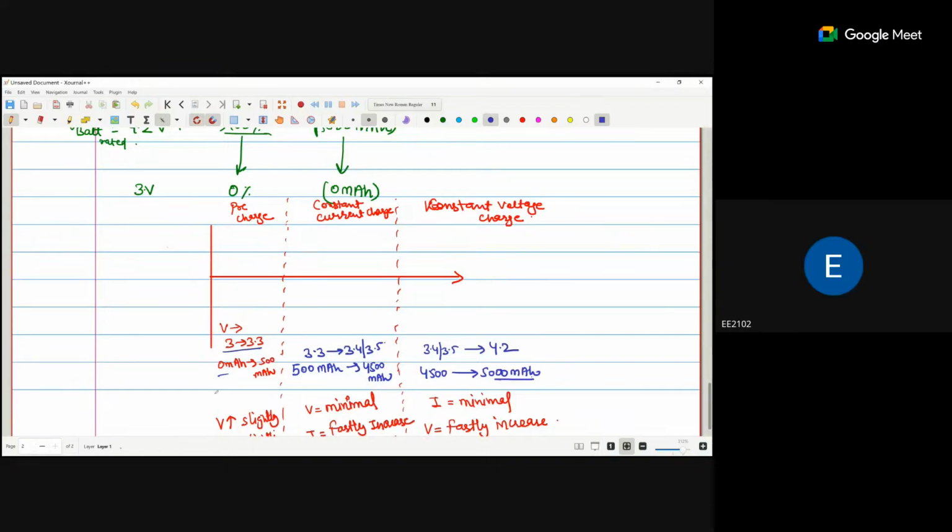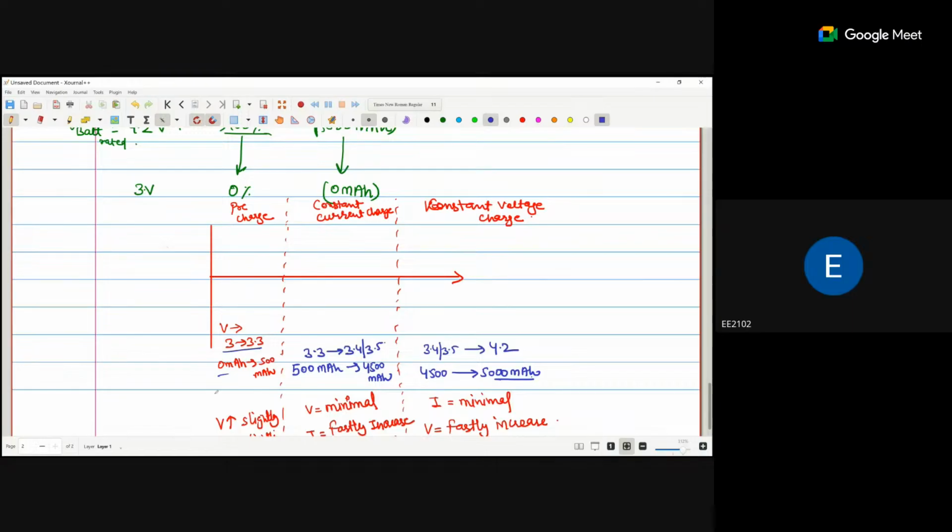So current will again change slowly, but voltage will be increased fast. This is an example, not an exact value. This is only to assume what the three conditions are.